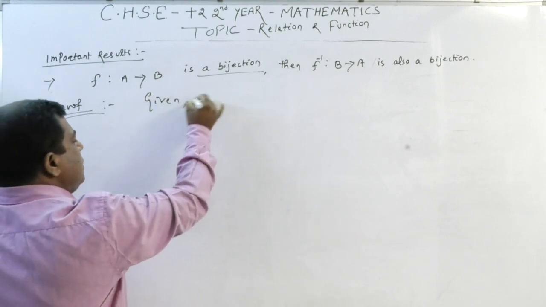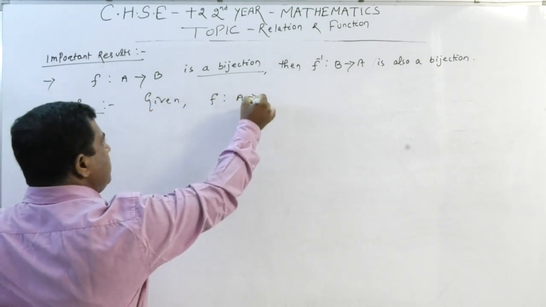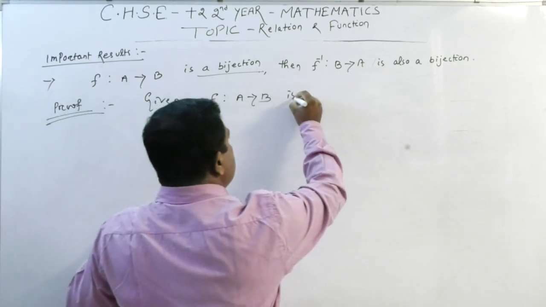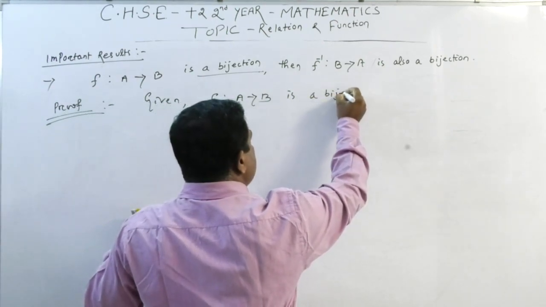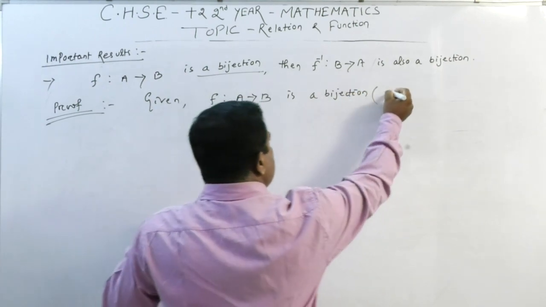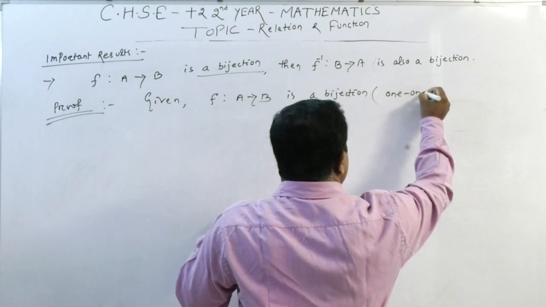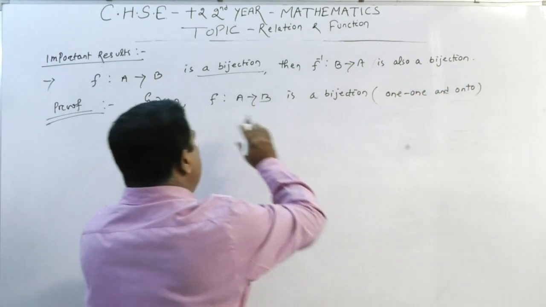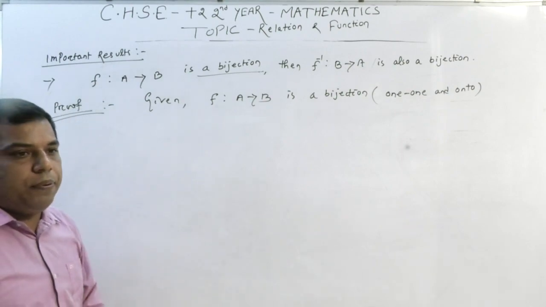F is from A to B and is a bijection. So what does bijection mean? I am writing here one-one and onto. Both the conditions are satisfied by the original function f.